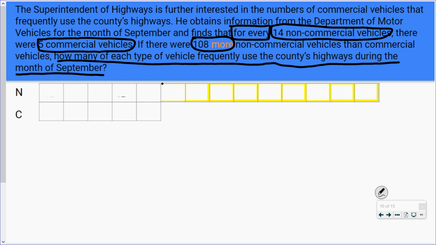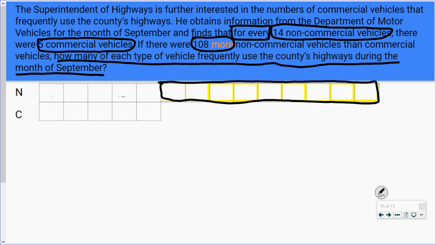Okay, so we're focusing on these blocks right here. Those are the 9 more blocks, right? Because there's 9 more non-commercial vehicles than commercial vehicles. Does everybody see that?